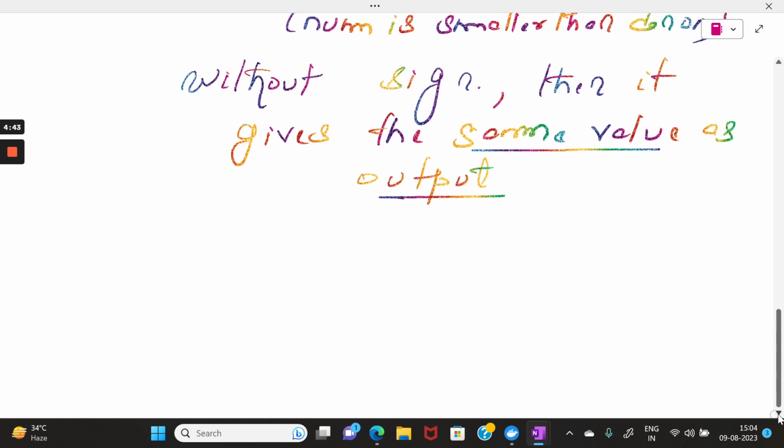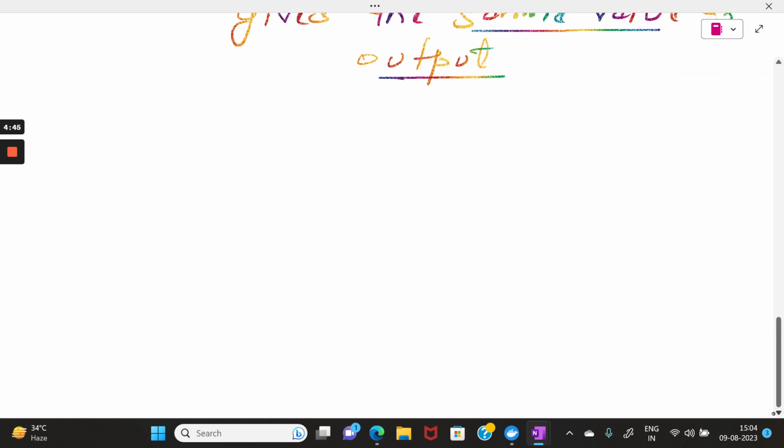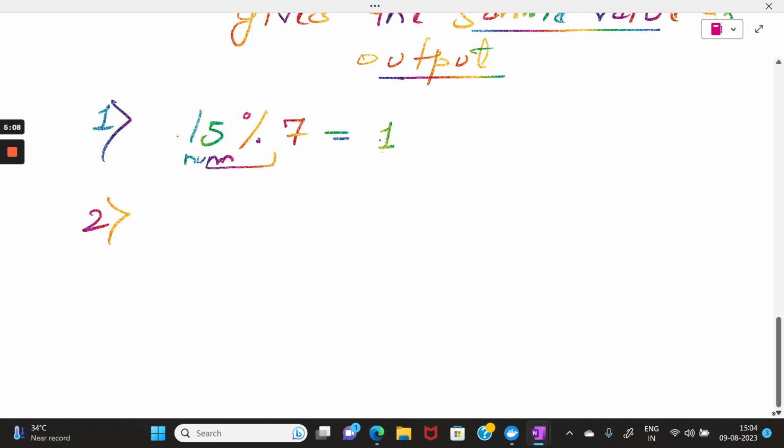Okay, so we are going to see all these rules in the examples below. For example, let's say we have 15 modulus 7. The remainder when 15 is divided by 7 will be 1. Since this is the numerator and it is a positive number, we have the same sign as the numerator. Let's explicitly mention it as plus 1.